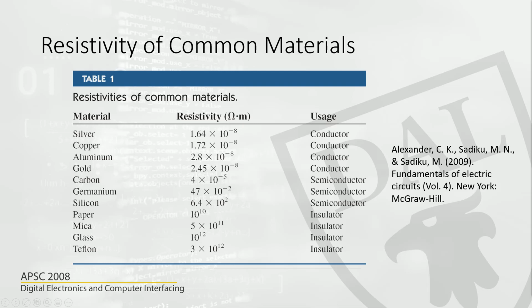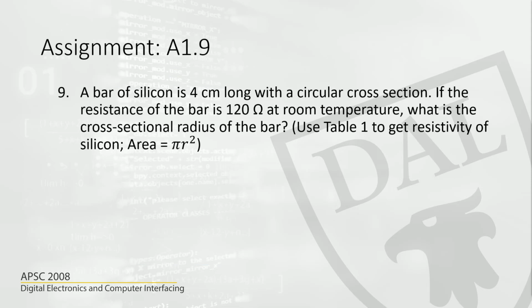So let's solve a simple problem to give you a better understanding of how resistance is calculated from the resistivity provided here in the table. This is assignment 1, question 9. A bar of silicon is 4 centimeters long.